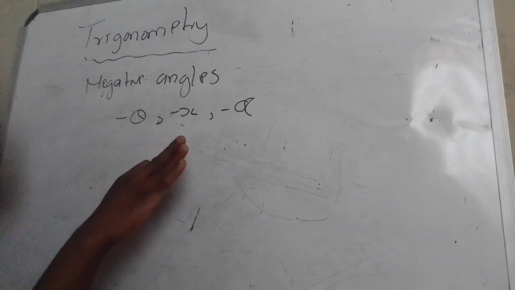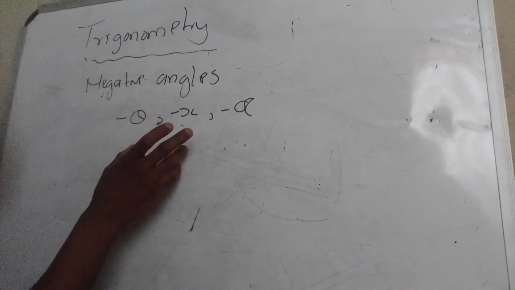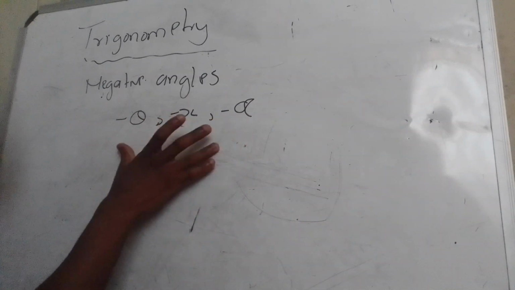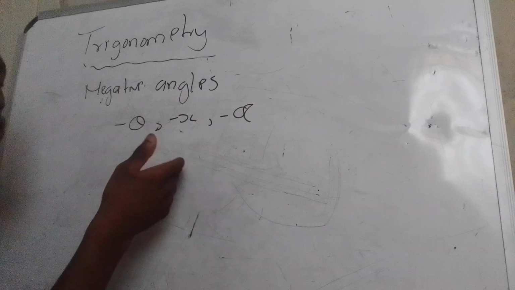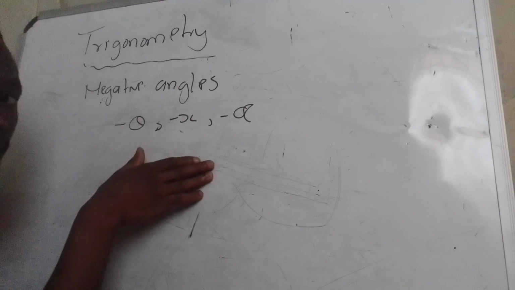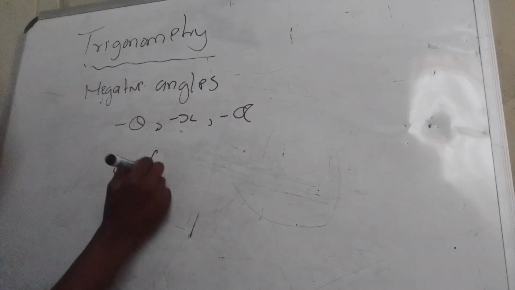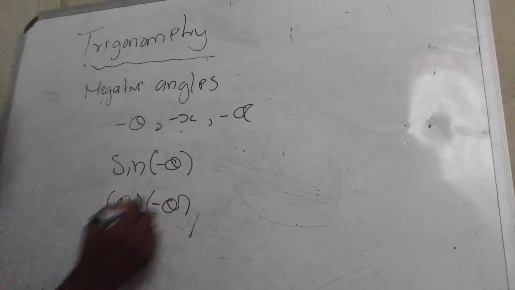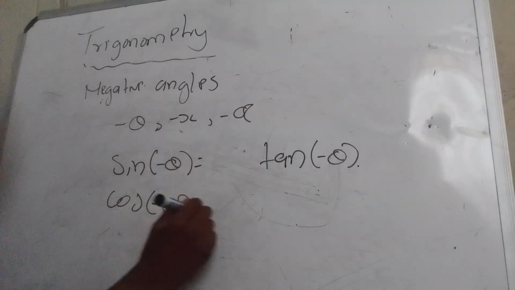When these three trig ratios have negative angles, we need a way of dealing with the angle and the trig ratio with a negative angle. So it might happen that we have sin with a negative angle, cos with a negative angle, or tan with a negative angle.